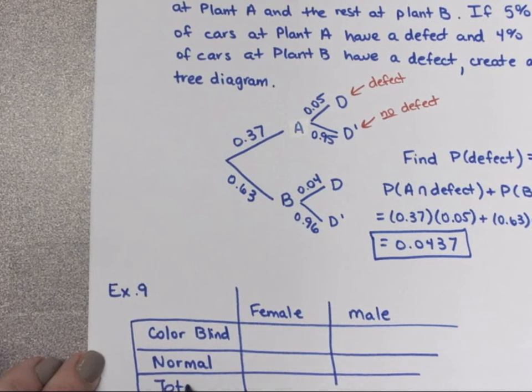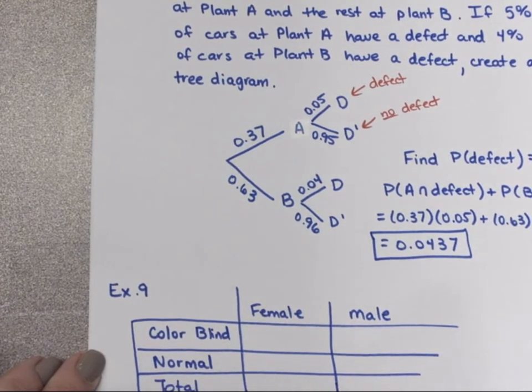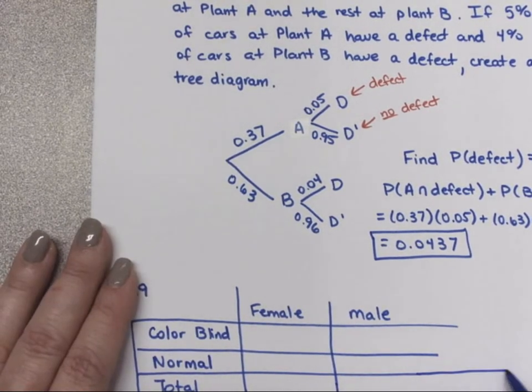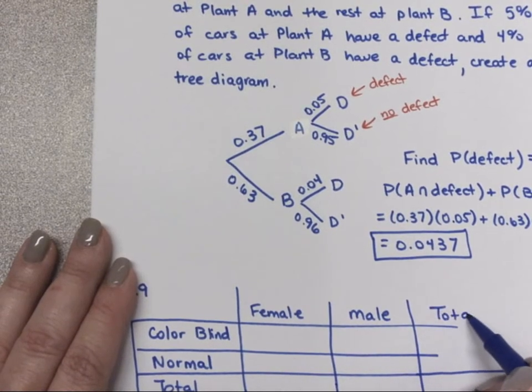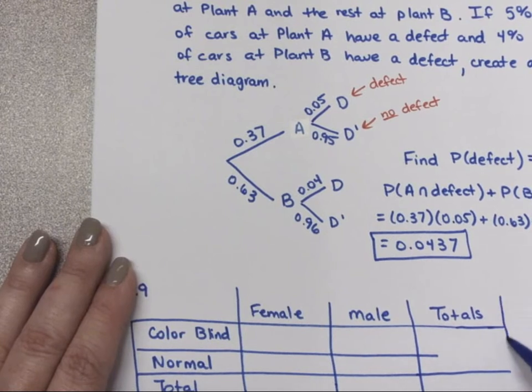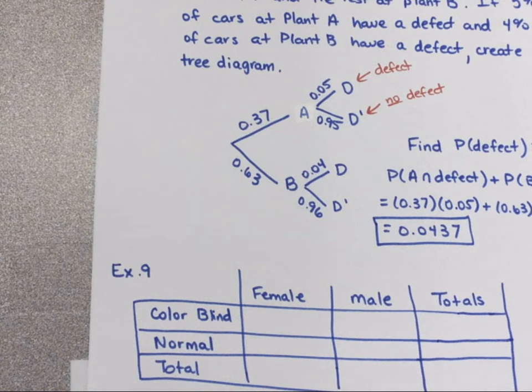And we're going to have a total category too. So we can at least set up this chart and then we'll see how much time we've got. Kind of an ugly, not very straight table, but.